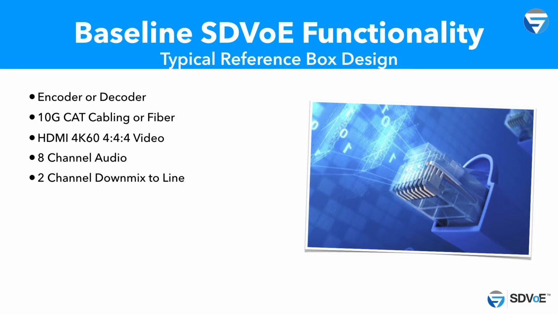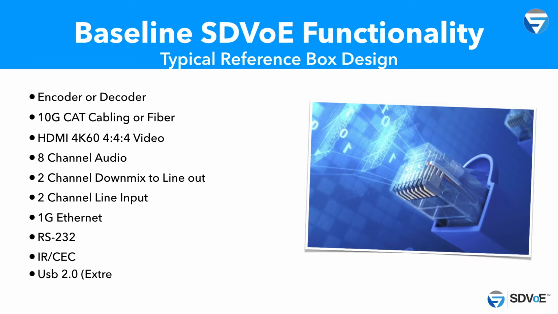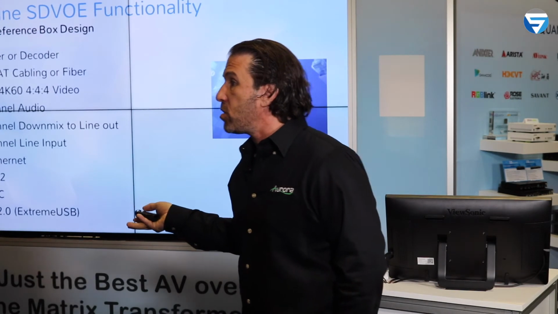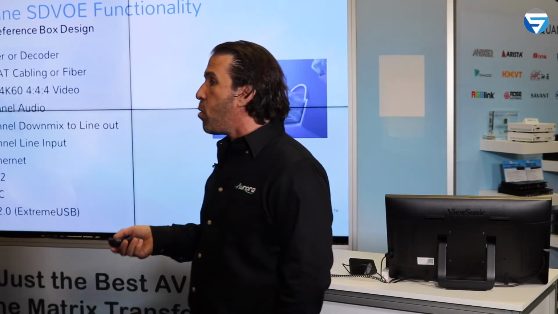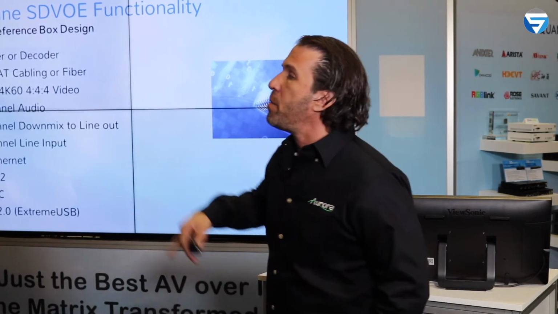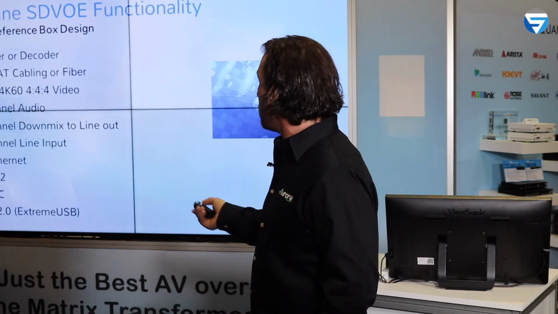We can do down mixing, 2-channel line outputs with the down mixing, 1 gig Ethernet, 232, IR, CEC, and USB 2.0 is a common theme across all these platforms. In addition to doing the multi-viewing, previewing capabilities, which they now introduced at the show, seamless switching, video wall capabilities. So these are all common functionalities of an SDVoE world.